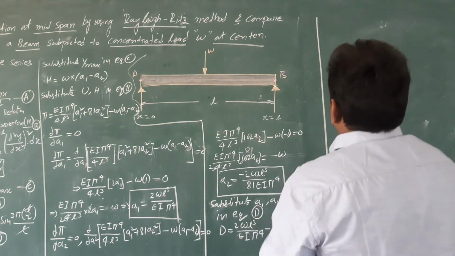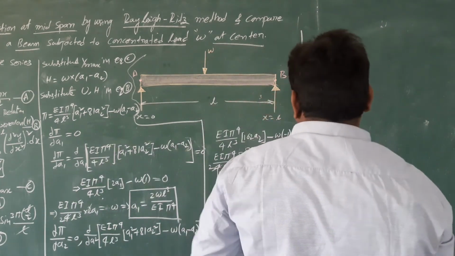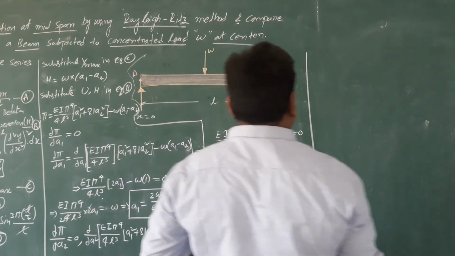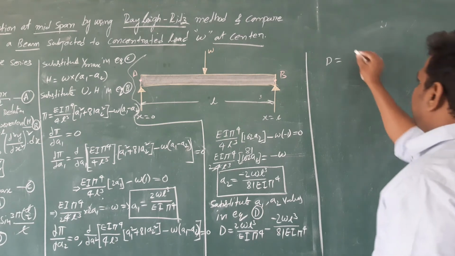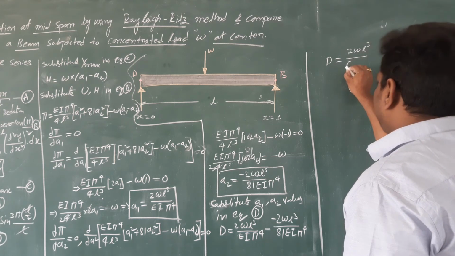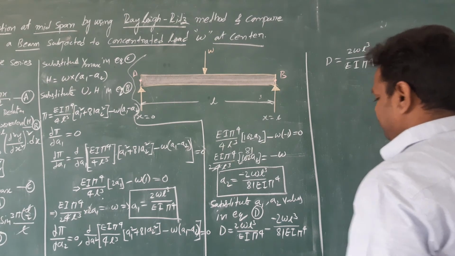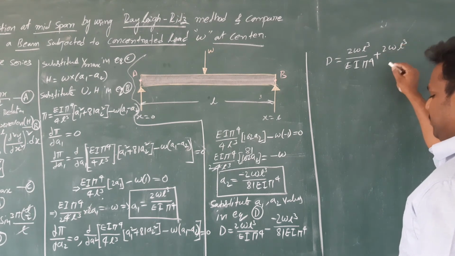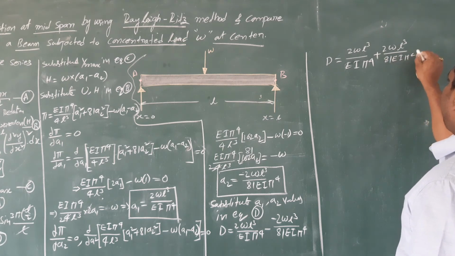After substitution, we will get D is equal to 2WL cube by EI pi power 4 plus 2WL cube divided by 81 EI pi power 4.